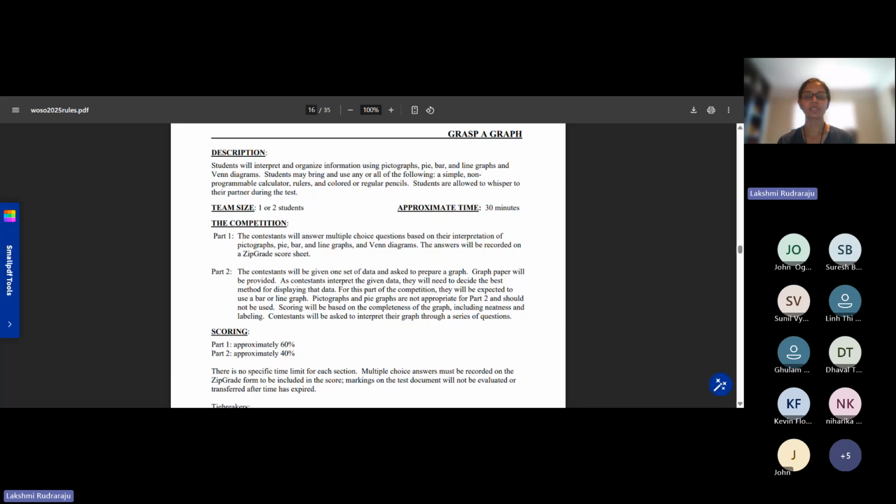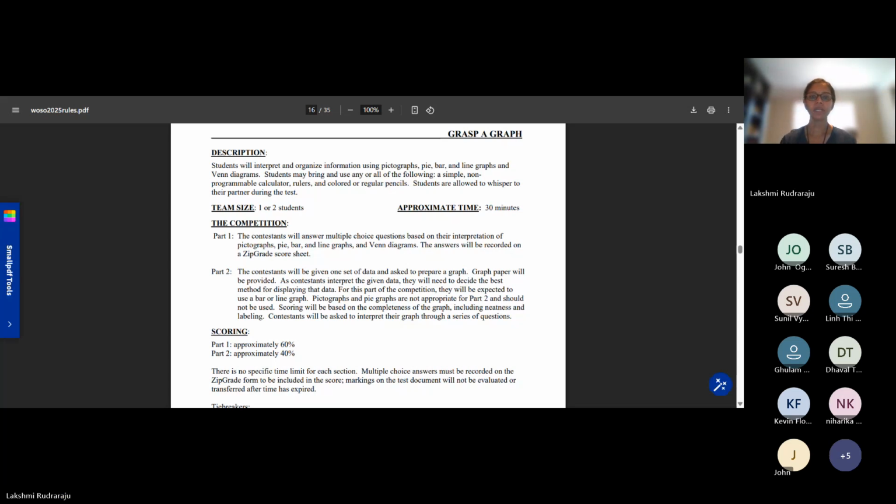Some rules they have to follow when coming to the event: they are only allowed to bring a non-programmable calculator, and they can bring rulers, colored pencils, erasers, etc. Whatever is required to look at the graph and answer some multiple choice questions, and also they'll have to graph a problem that is given.